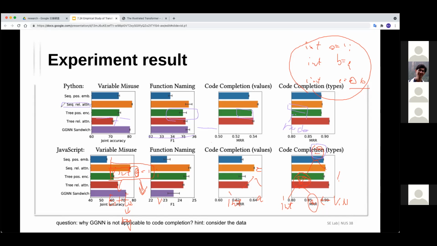Yeah, I agree. My follow-up question is whether the sequence here is the sequence information plus AST information, right? So it still provides some AST information to the sequence information, right?